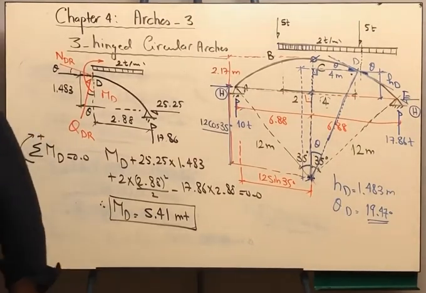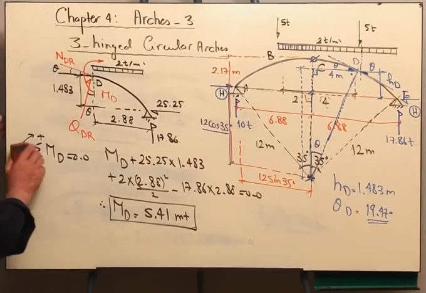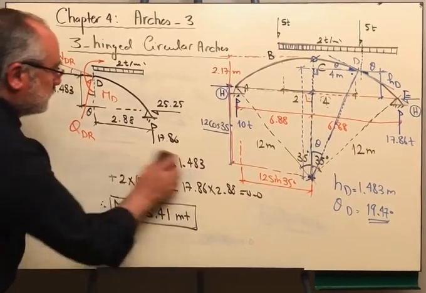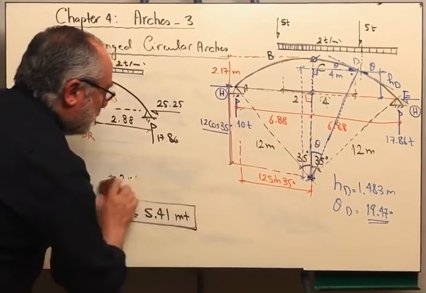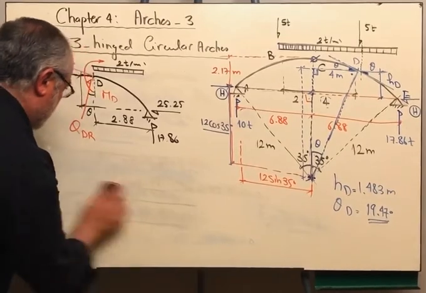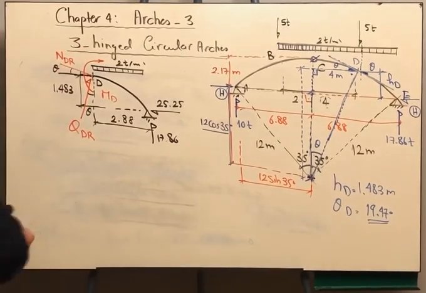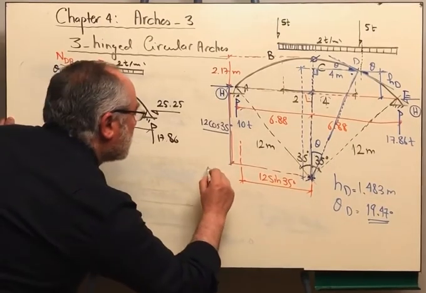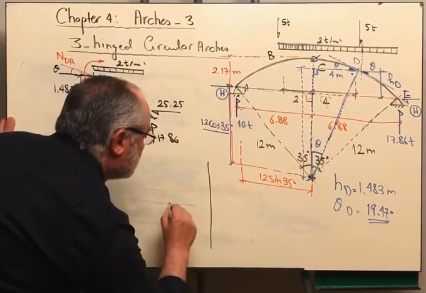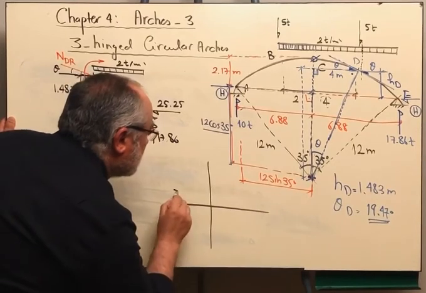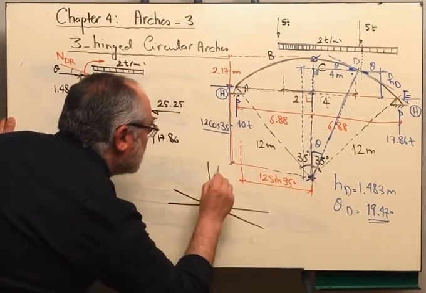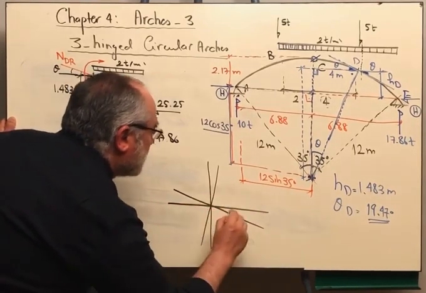Let me remind you with what we were doing before in this matter. We used to draw here a curve like this. This is the tangent to the arch, and this is the perpendicular to the tangent of the arch.